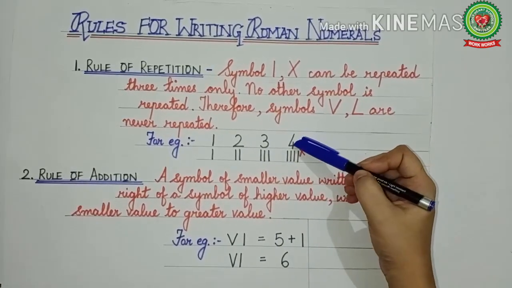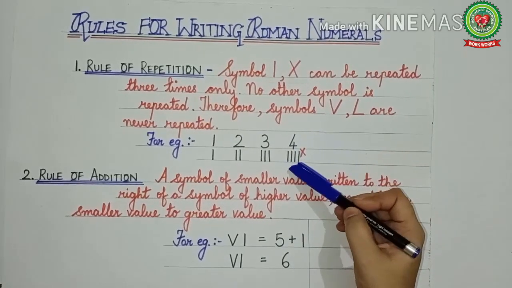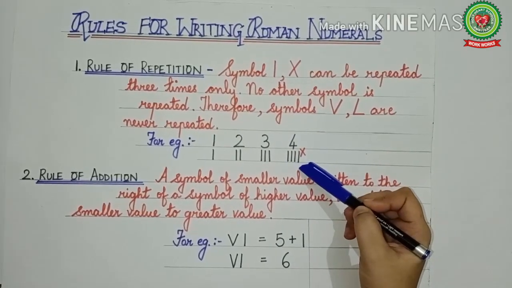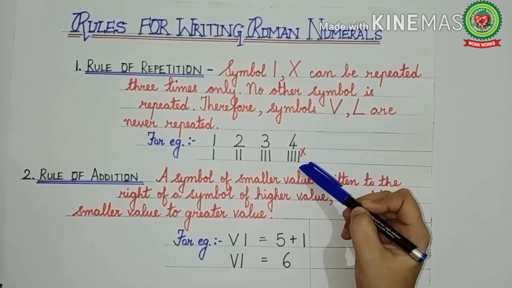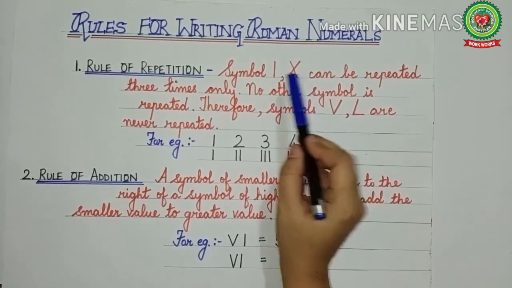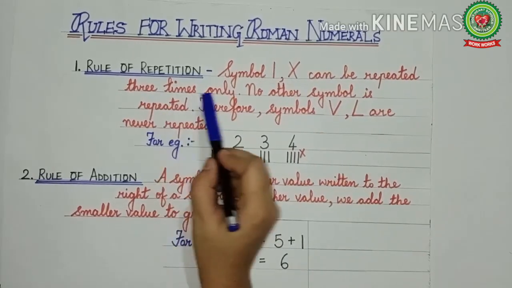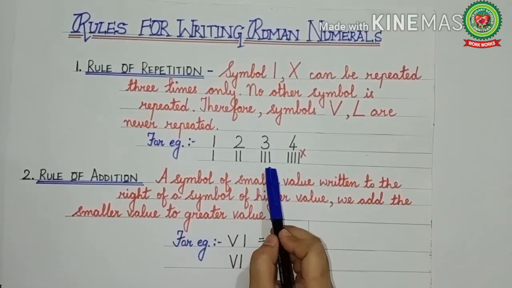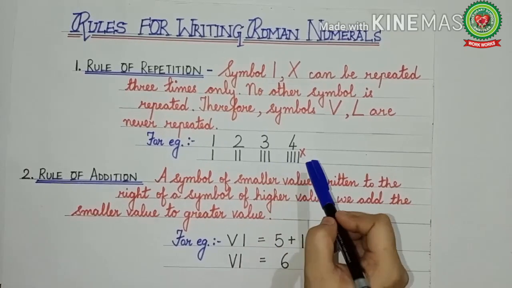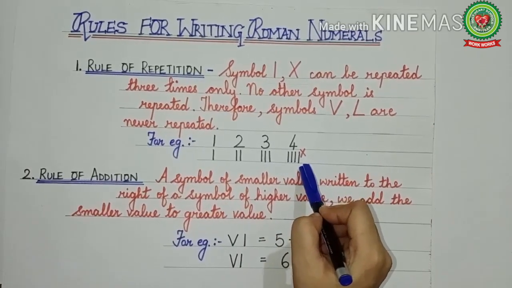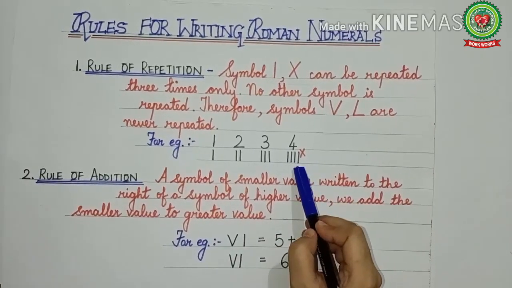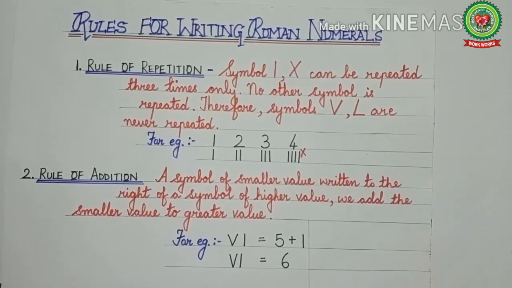Now when we are writing 4, IIII is not correct, because in the rule we have read, the symbol I can be repeated only 3 times. So we have already written it 3 times, and for 4 we cannot write it 4 times. For 4, we have a different symbol. I will explain it to you.